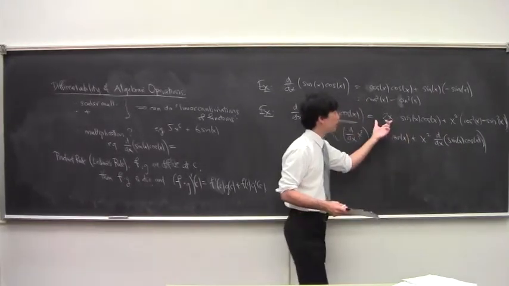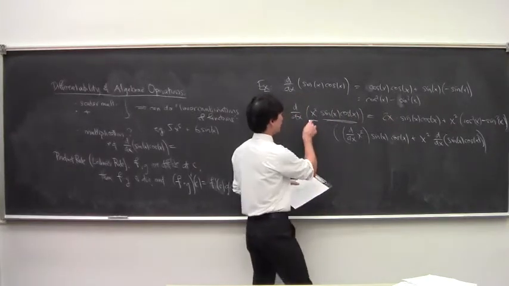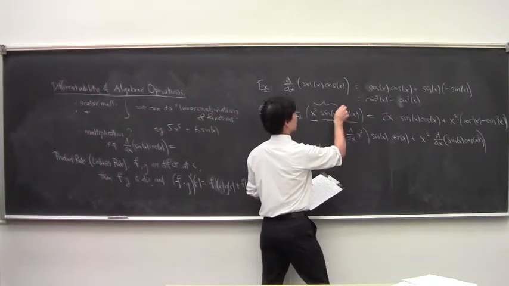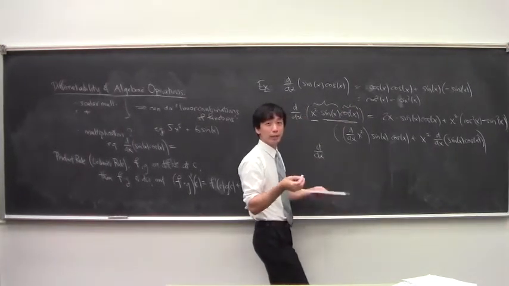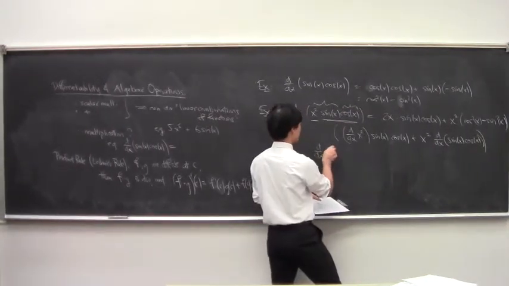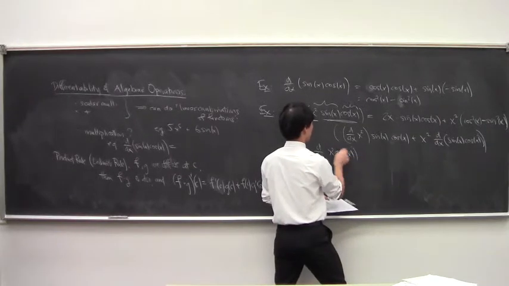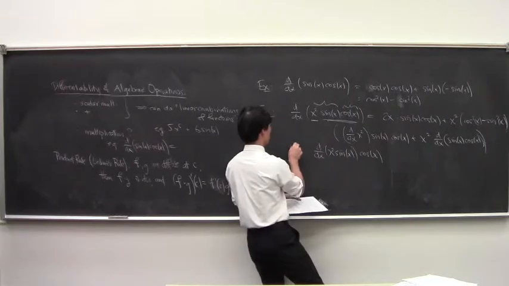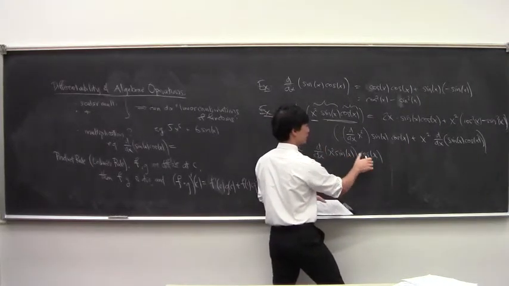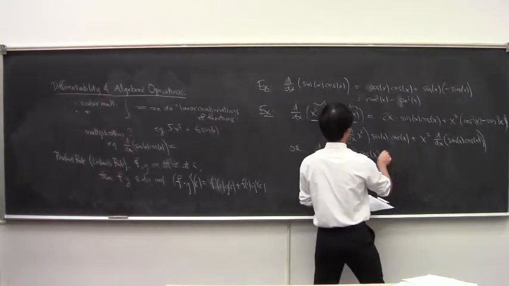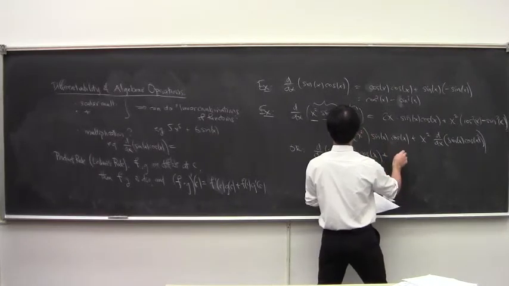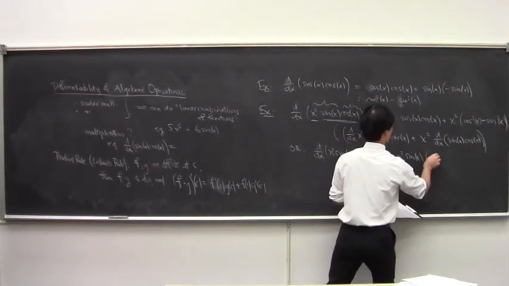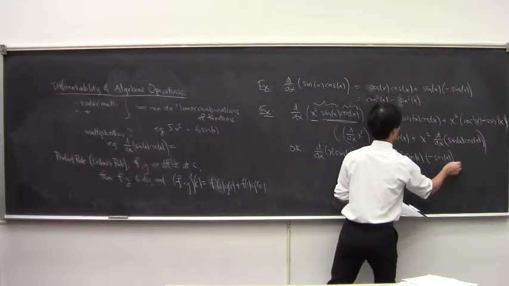And notice that there's a choice involved here. We could have said, I'm going to call this thing the first guy and this thing the second guy. That could have also happened. So I'm going to take the derivative of the first guy times the second guy plus the first guy times the derivative of the second guy, which is negative 1.